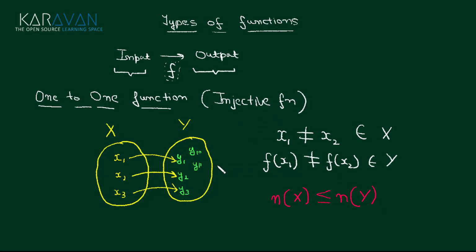Let us understand why. Because you have invited these many people to your house and everyone has a unique chair to himself. So this means that the number of people you have invited is either less than or equal to the number of chairs available in your house, because every X is mapped onto Y. There cannot be any isolated X. So the number of X should always be less than or equal to the number of Y.